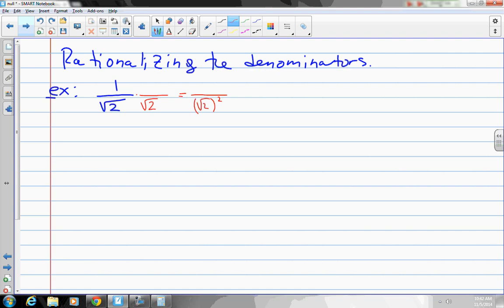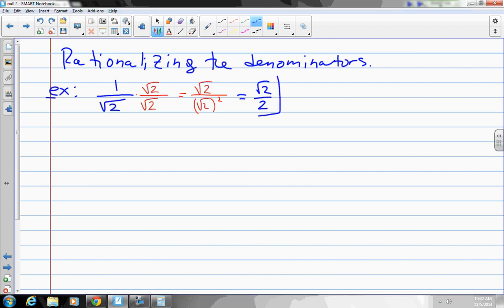Now, if you multiply the denominator by the square root of 2, you also have to multiply the numerator by the square root of 2. That's the only legal operation we can do on a fraction, multiplying it by 1. So this ends up being square root of 2 over square root of 2 squared, which is just 2. So that's root 2 over 2.